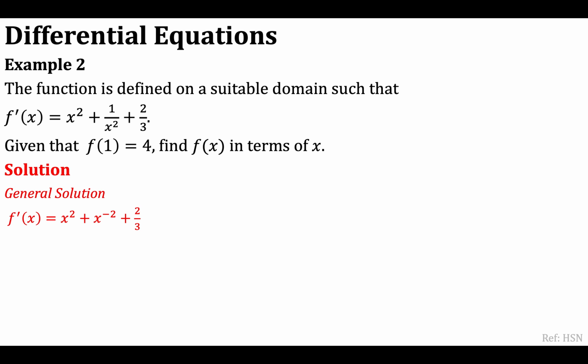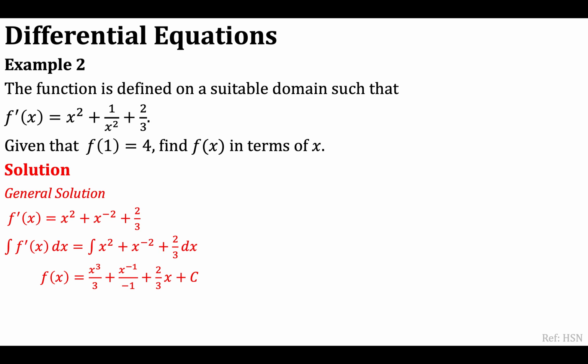So we've been given f dashed of x, and we know that if we integrate both sides of this equation, we'll have the integral of the derivative f dashed of x with respect to x is equal to the integral of x squared plus x to the minus 2 plus 2/3 with respect to x. Now, integrating the left-hand side leaves us with our original function, f of x.